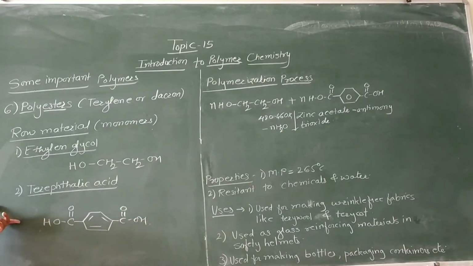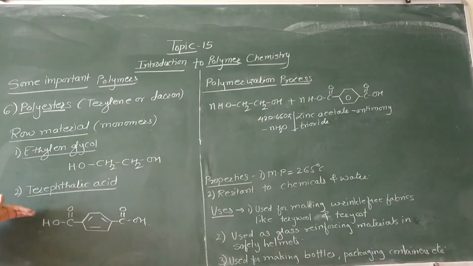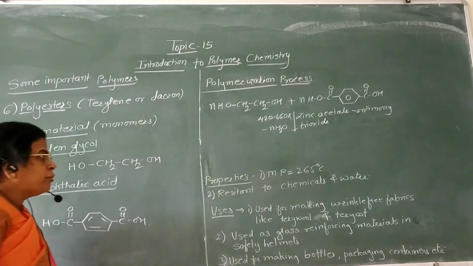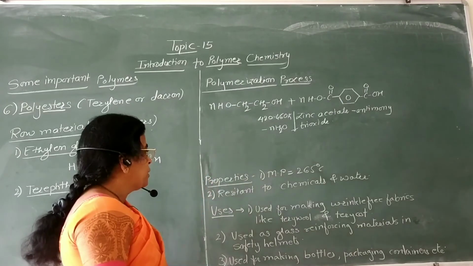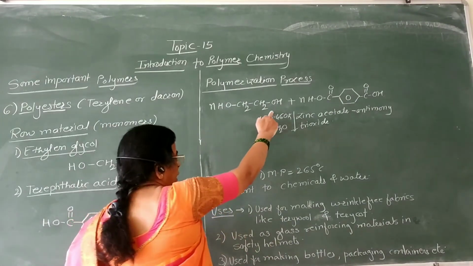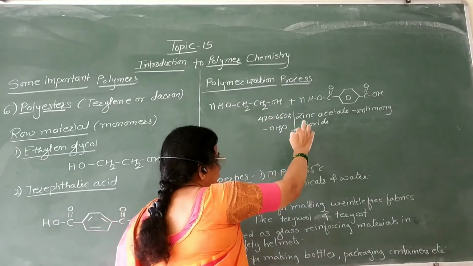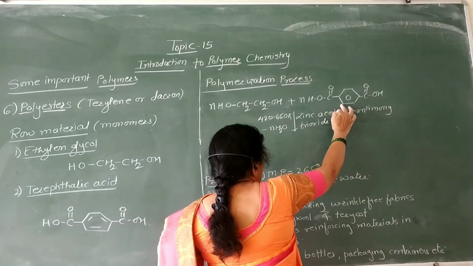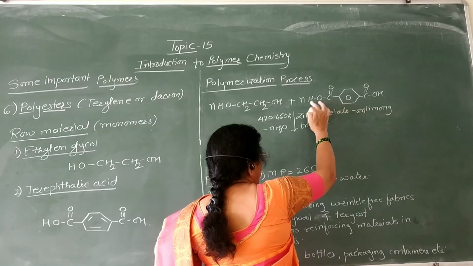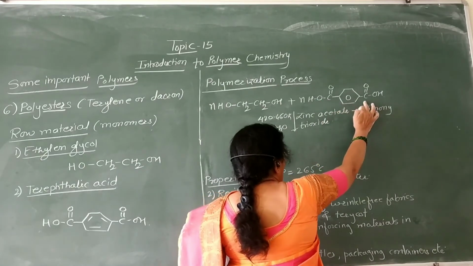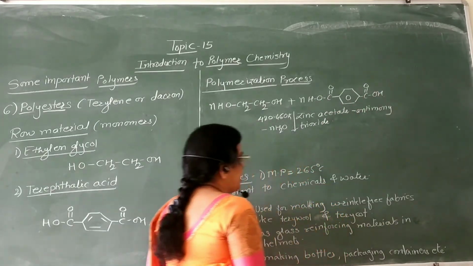We are going to use these two monomers, ethylene glycol and terephthalic acid, for the preparation of terylene or dacron fiber. Now we are going to see the polymerization process. Here this is ethylene glycol, OH, CH2, CH2, OH, and this is terephthalic acid, that is COOH, benzene ring, and COOH.